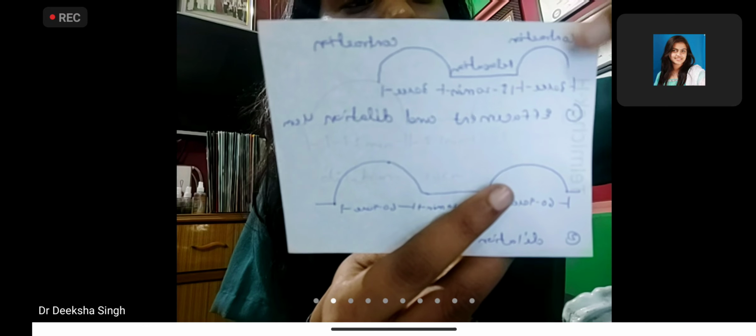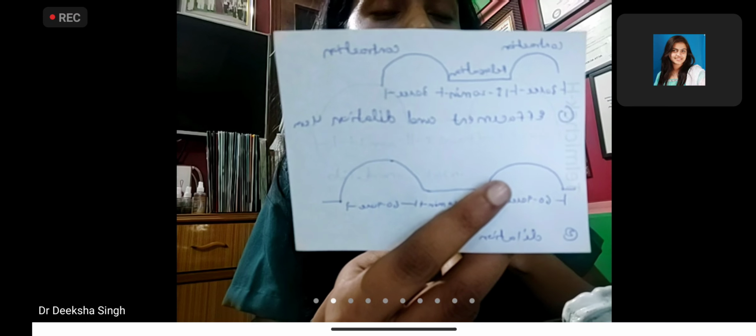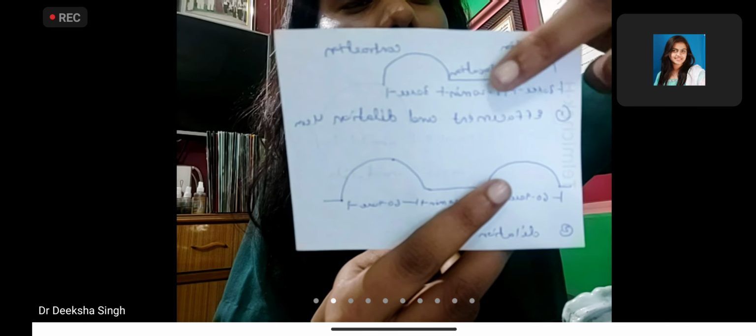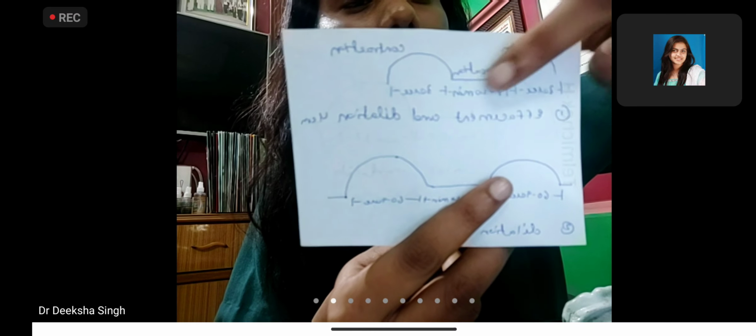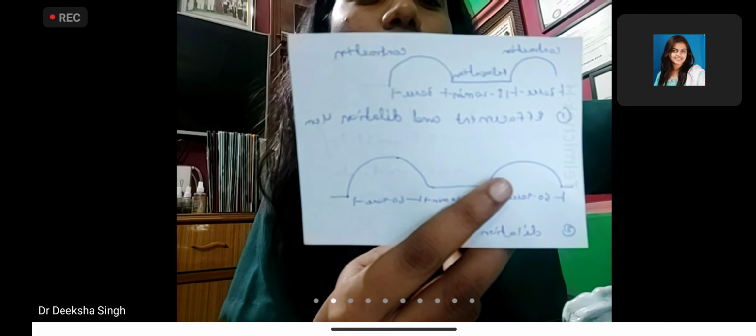So this is your contraction phase in stage 1, when effacement and dilation of the cervix will start. The contraction time will be 30 seconds, and the duration in between is 15 to 20 minutes. It can be up to 30 minutes too.